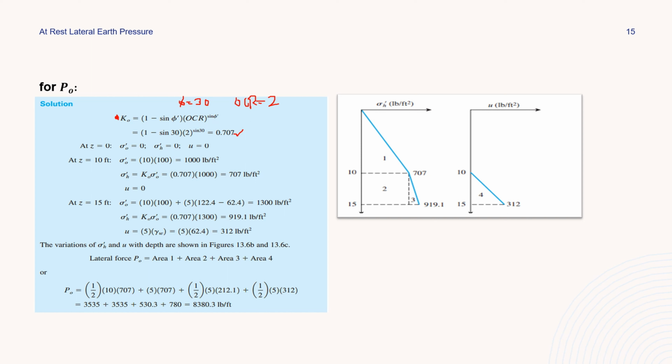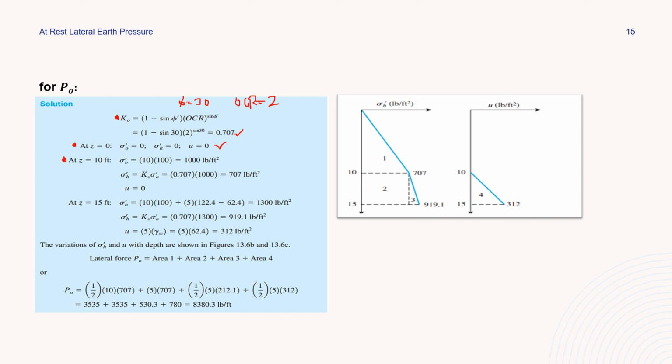So established na nato ang mga pressures present at each significant depth. So at Z is equal to 0, ang pressure present kay 0 pod kay at the surface pa man na, atmospheric pressure, 0 siya. At Z is equal to 10 feet, magamit na nato ang formula for dry soil pa lang kay at 10 feet and below, wala pa siya sa groundwater table, meaning dry pa ang soil nga gi-retain sa structure.